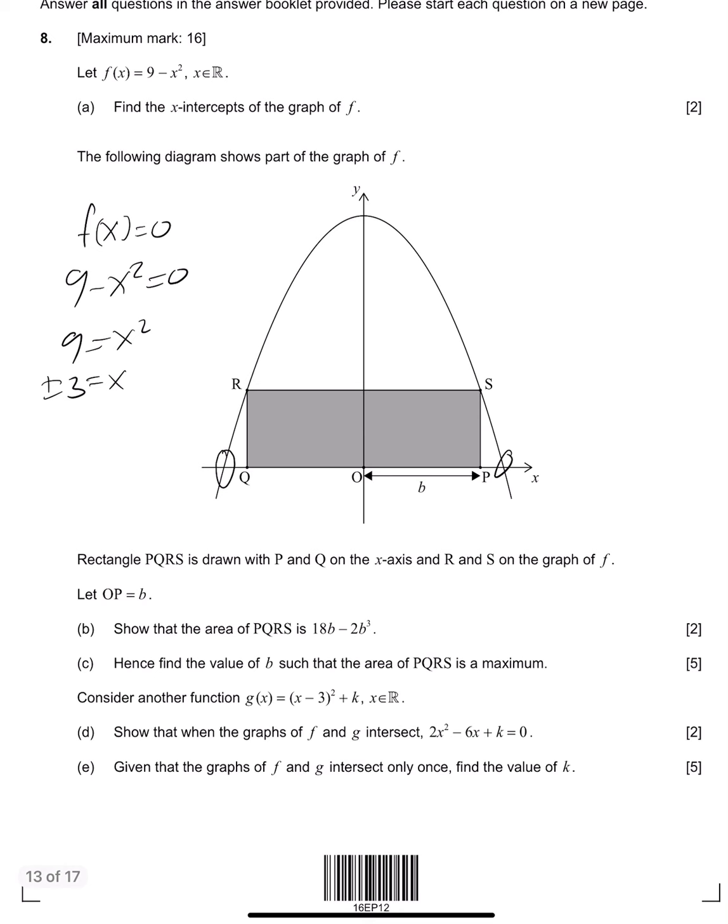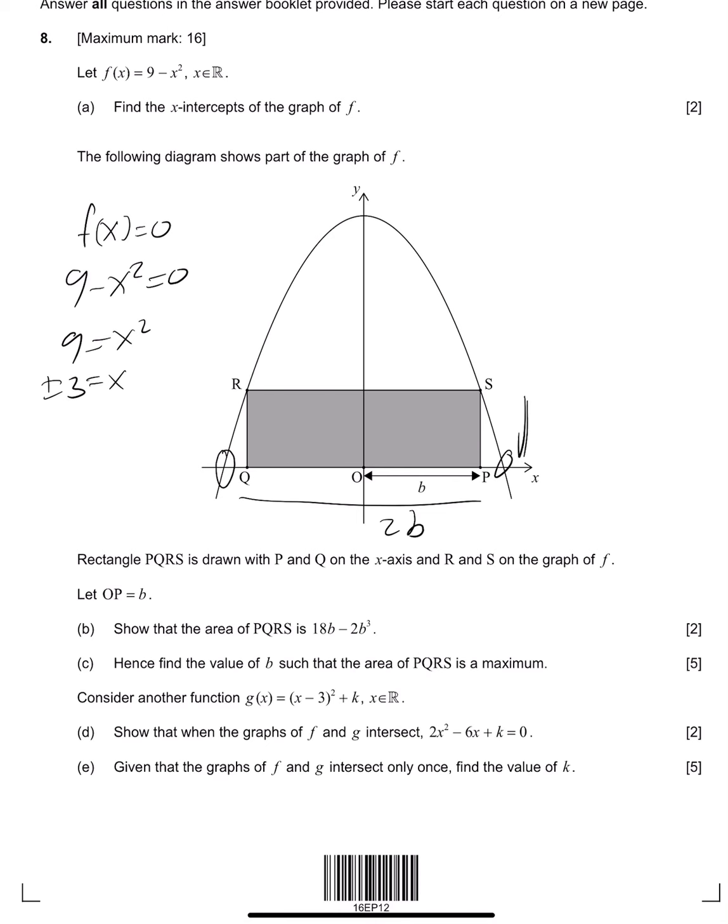Rectangle PQRS, right here, is drawn with P and Q on the x-axis and R and S on the graph. OP right here is equal to b. We want to show that the area of PQRS is equal to 18b minus 2b cubed. The area is going to be the base, which is 2b, times the height, and we want this height right here.